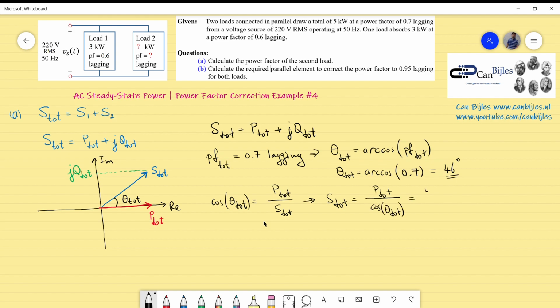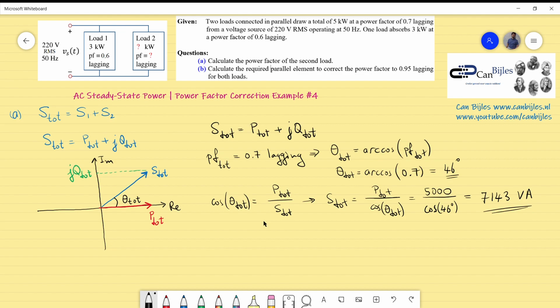If you substitute the values given above, you have 5000 divided by the cosine of 46 degrees, and it will give you approximately 7143 volt amperes. That's the apparent power for the total, for the voltage supply. So that will be S total.